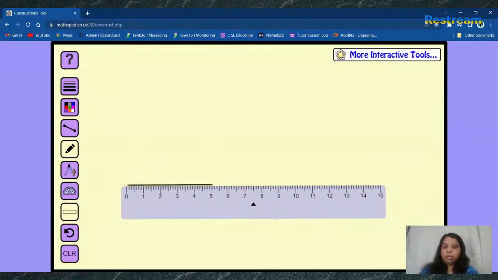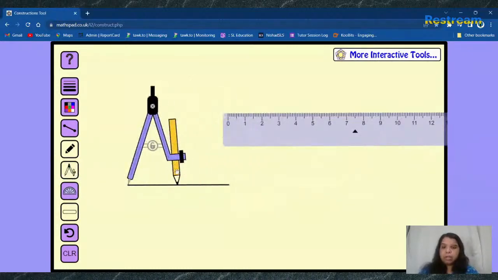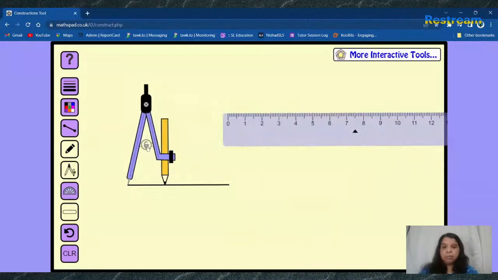It doesn't matter what kind of line you are using, because as long as we are drawing only an angle, it doesn't matter what the size is. You can take any distance in the compass, doesn't matter. But once you take that distance, you have to keep it constant.